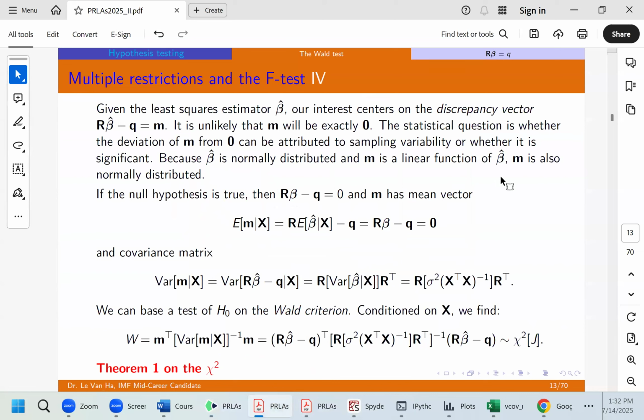So what I'm saying here is, I have a vector m. This vector m has a mean of 0. m is a function of beta hat. Beta hat is normally distributed, so m is also normally distributed. The variance is this one. So I just apply the first theorem of the chi-square.